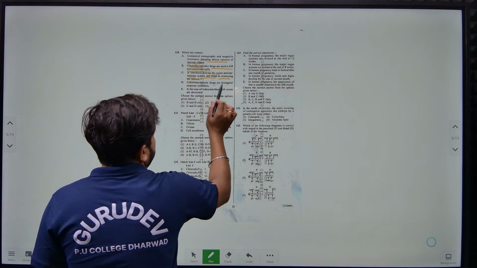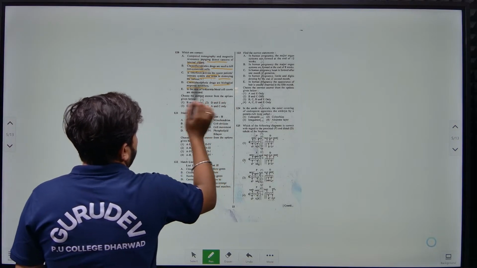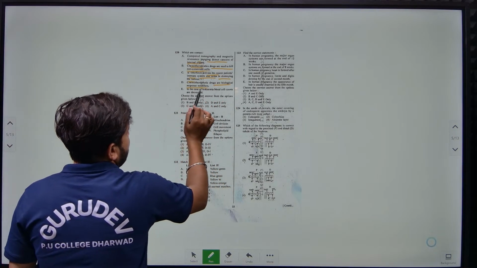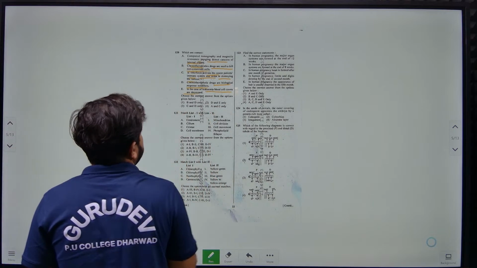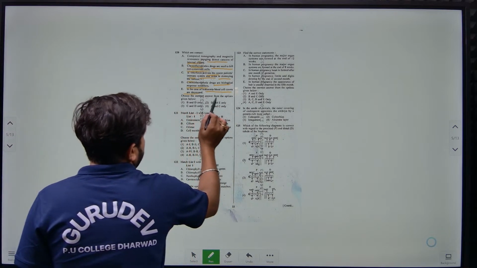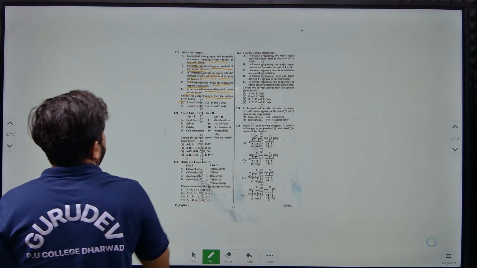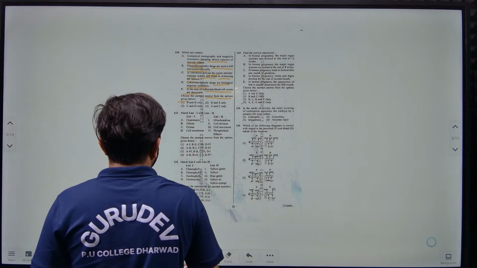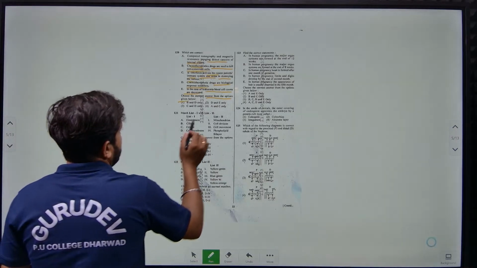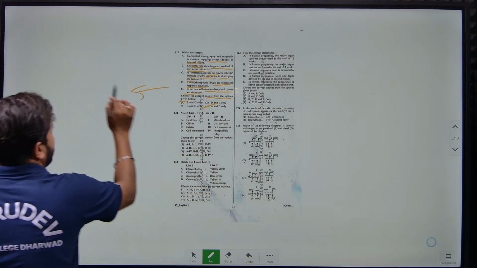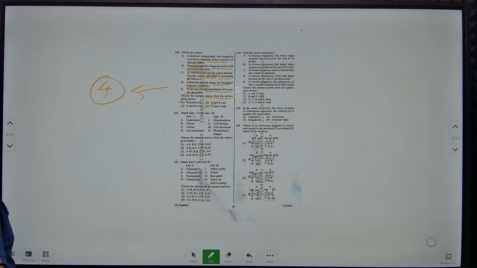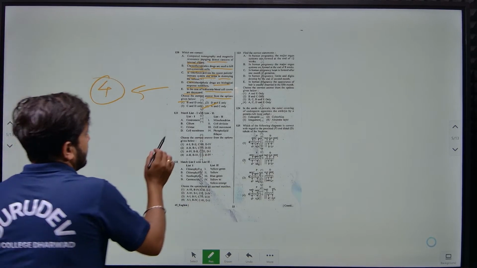Then chemotherapeutic drugs are biological response modifiers. In case of leukemia, blood cell counts are decreased. So choose the correct answer from the options given below, right? So according to that, if I consider here, A and C are the only correct ones, right? So A and C, which is the 120th, right?